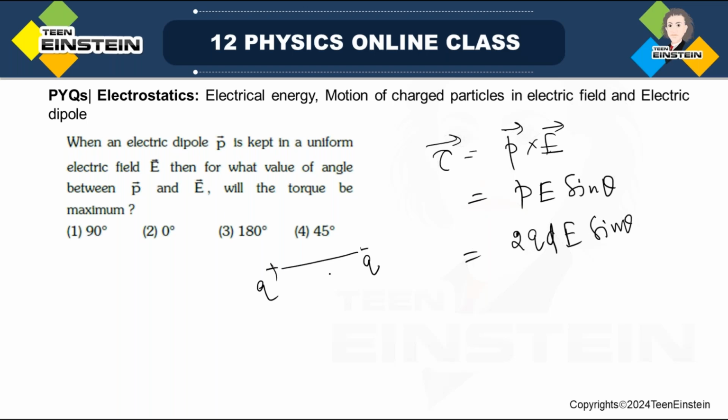Now in this case, to get the maximum torque, sine theta has to be 1, or theta has to be 90 degrees. Okay, so the maximum torque will be for 90 degrees.